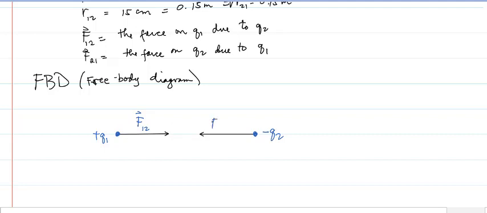And this is also our F21, or the force on charge 2 due to the presence of charge 1. As you can see, this force is attractive. F12 and F21 are attractive. The distance between these two is labeled as R12 or R21, the same, which is equal to 0.15 meters in magnitude.